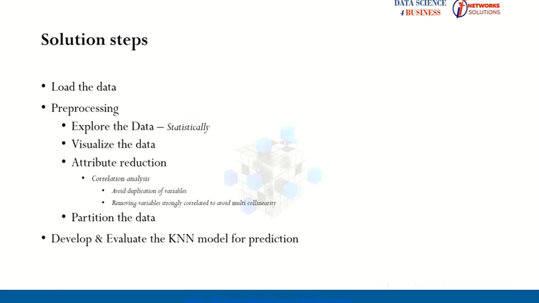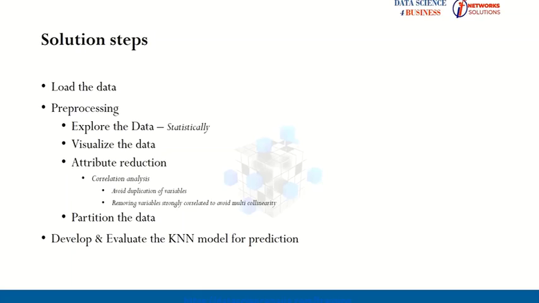So the solution steps. The first thing is, in our RapidMiner, we need to load the data, preprocess it, just like I've explained, check the statistics, check whether there are missing values, visualize the data, perform attribute reduction, partition the data, develop the model, and evaluate the model. That's the first thing that we want to do. So when we are through with that, we can now use it to predict on new data and then rank them.